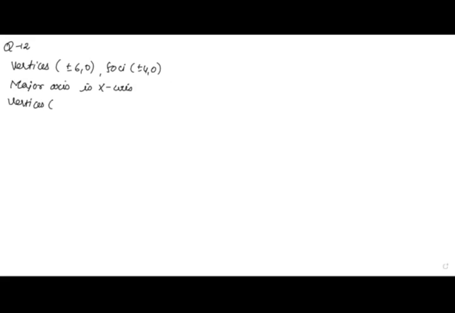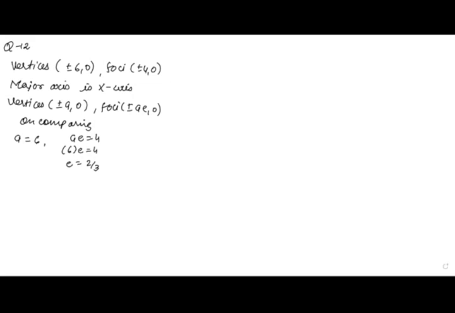If my major axis is x-axis, then vertex is plus minus a comma 0 and foci is plus minus ae comma 0. So on comparing, I will get a value of a as 6 and ae as 4, and keeping the value of a as 6, e is 2 by 3.